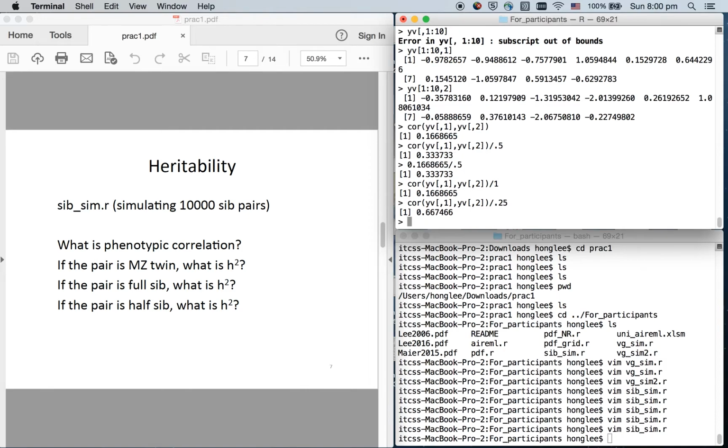Then heritability goes up. That's 0.66. Okay. So design is important, and the estimated heritability depends on sample correlation, right? So given the same value for the phenotypic correlation, if you use a design with a lower sample correlation, then you get the higher heritability. Did that make sense?